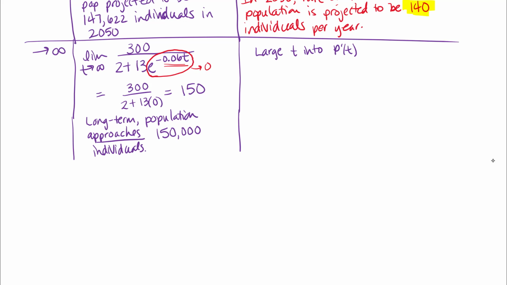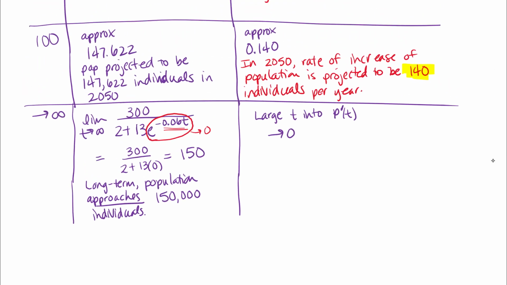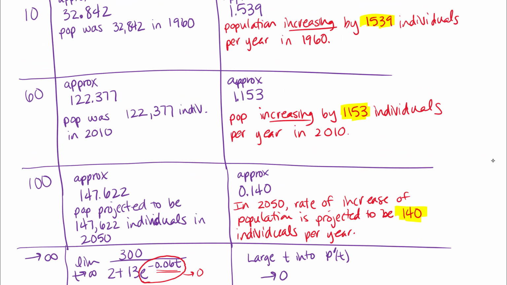When you do that, you're going to get values that are very, very close to 0 when you put large values of t into the derivative. You can also think about that using theorems or a graph of the derivative, but thinking about the values of p prime when t gets very large, the outputs actually approach 0. And maybe we could see that happening if I think about these rates of change for these other things here.